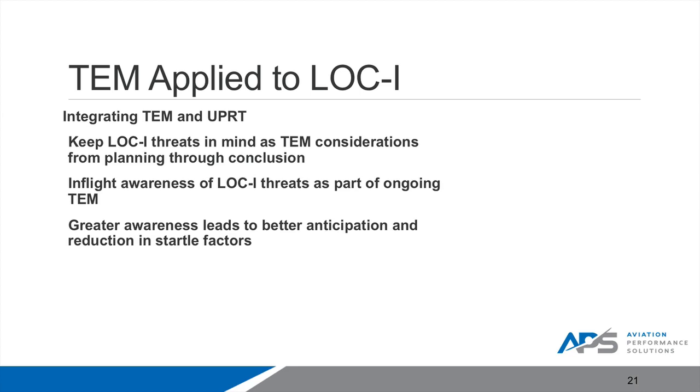Early detection greatly enhances the likelihood of preventing an upset. This awareness is especially important during flight with the autopilot engaged. While autoflight is often the time when a pilot will assume a lower level of vigilance, in the presence of loss of control in flight threats, such a relaxed attitude can lead to a sudden upset.